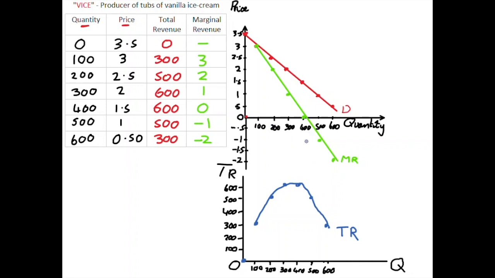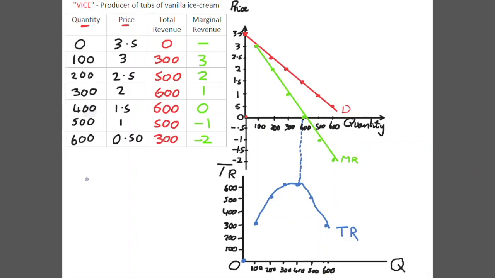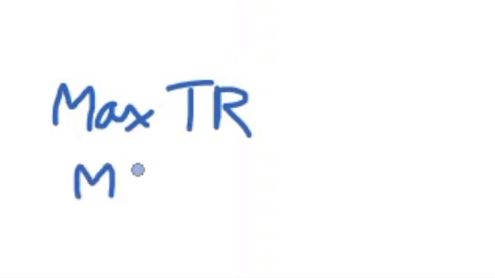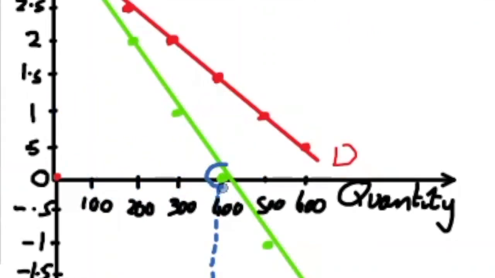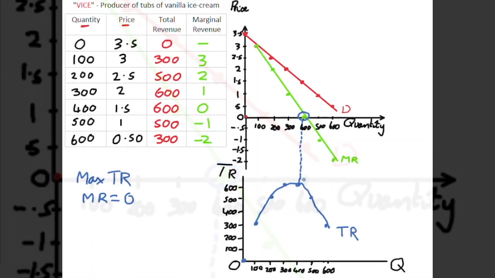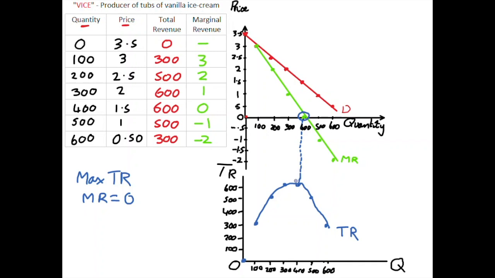What you might be able to see is the highest point is actually where the marginal revenue curve cuts the x-axis. And what we say here is to maximize total revenue, we set MR equal to 0 mathematically speaking, and visually that point is right here, and that will give you your highest point on your total revenue curve.